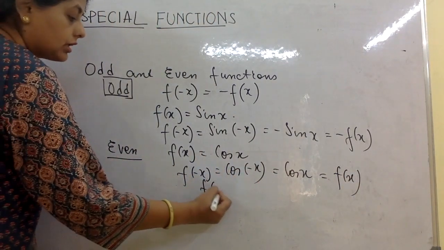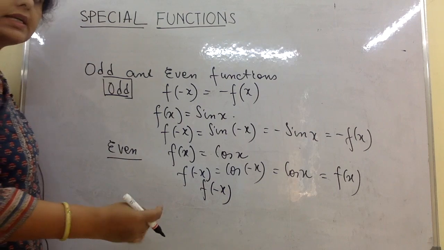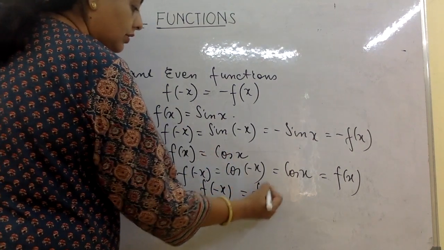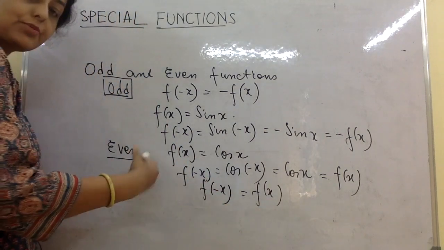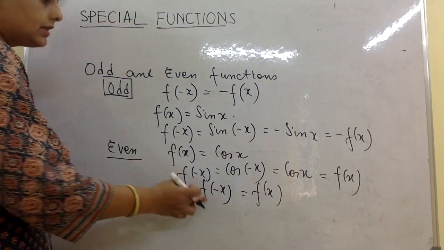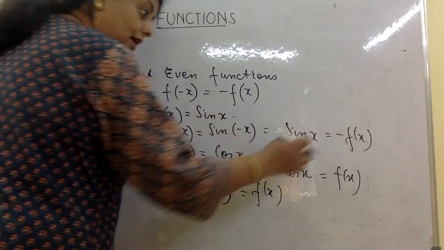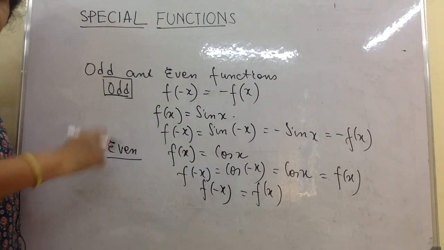So we saw that if the function actually absorbs the minus sign, then it is an even function. But if the function is throwing out the minus sign, then it is an odd function.